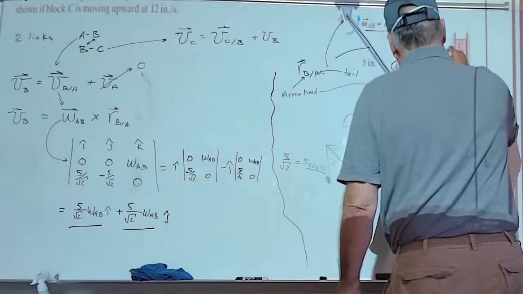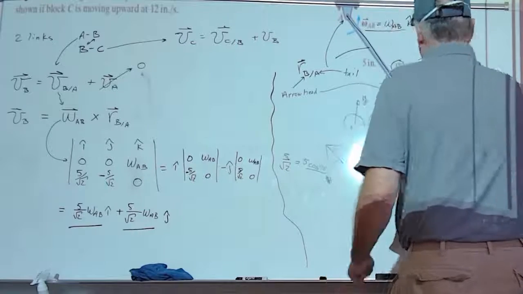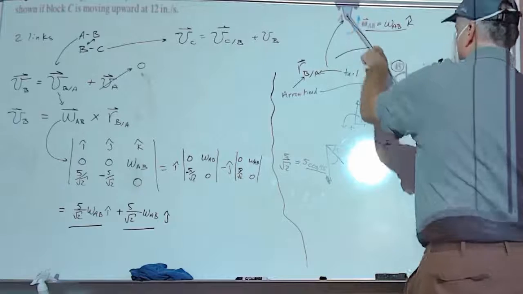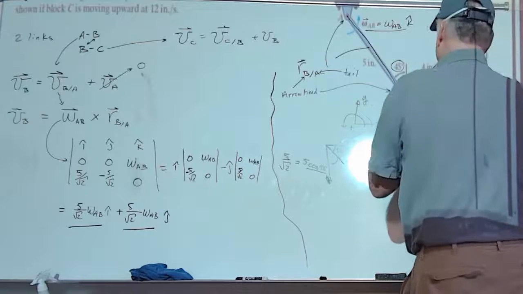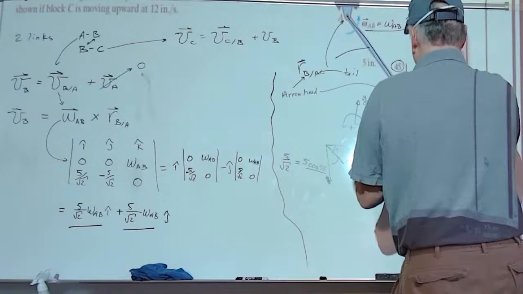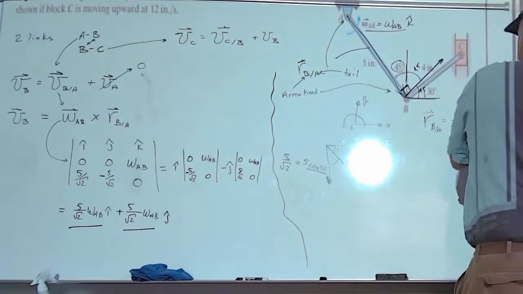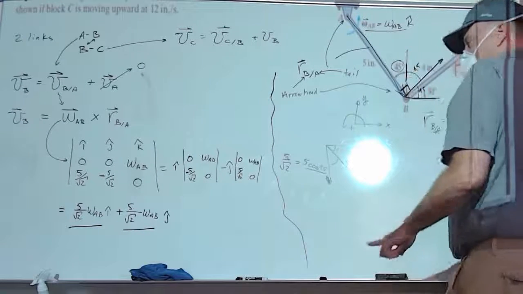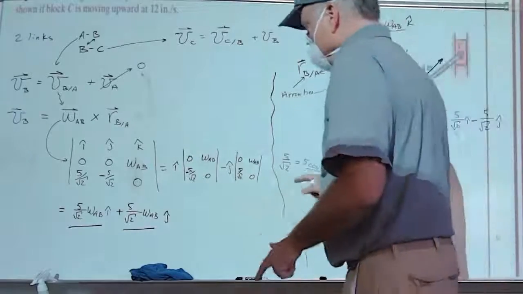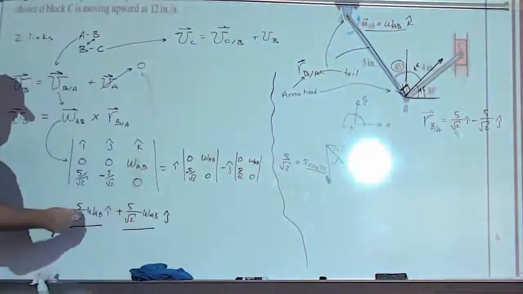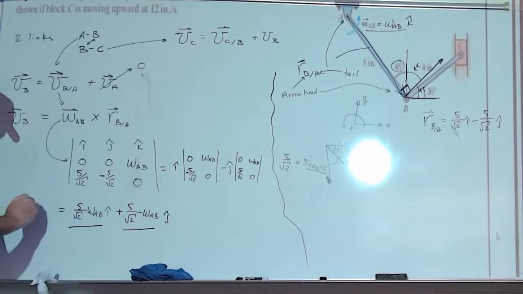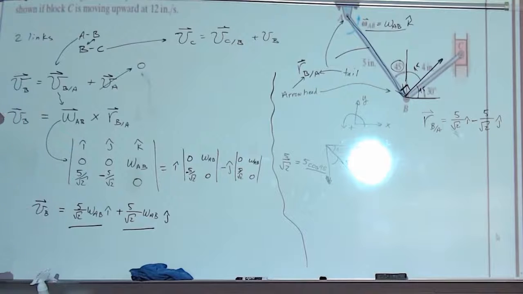This is 90 degrees, and this is 45 here, so this is going to be 45, and a line to here is going to be 45, and it's going to go in the positive x direction and the positive y direction, and they're going to be equal. So at least I know that. They're equal, and they're both in the positive direction. So at least I have a good sense that those are correct. Does that sort of make sense? It's all recorded in the video anyway, I hope.